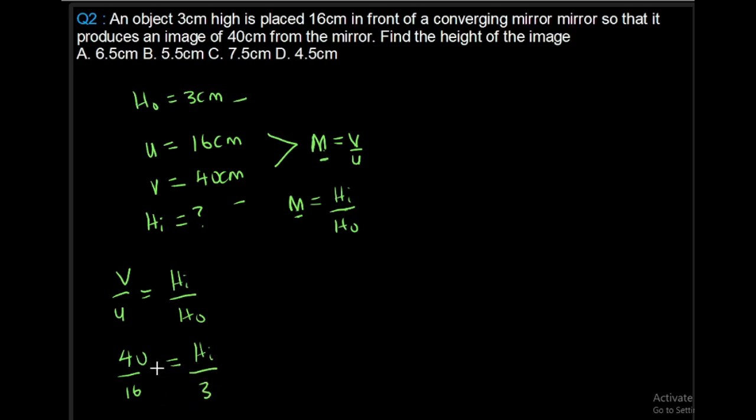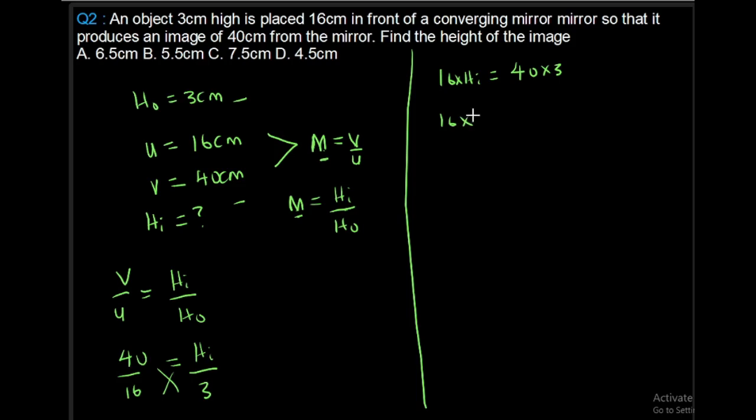We're looking for hi, height of image, so we cross multiply. We're going to have 16 times height of image equals 40 multiplied by 3. Now to get the height of image, divide both sides by 16, so this is going to cancel this.